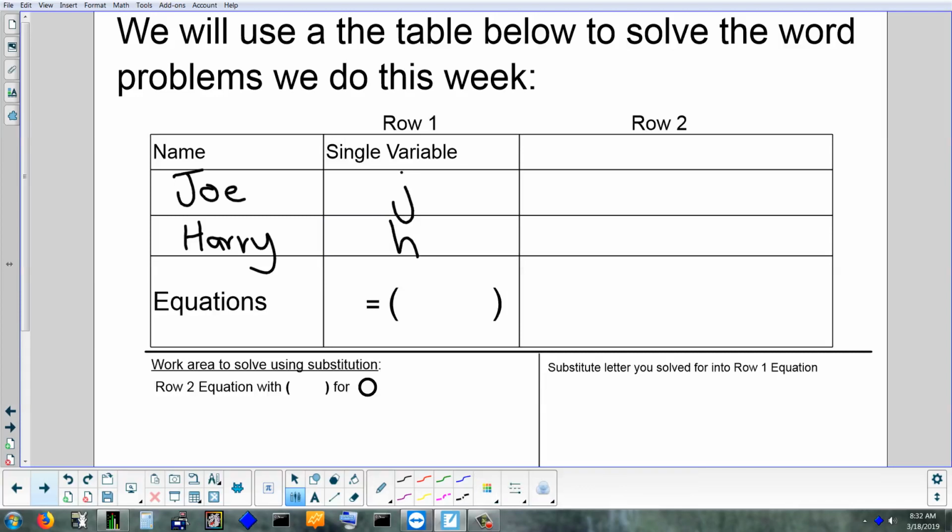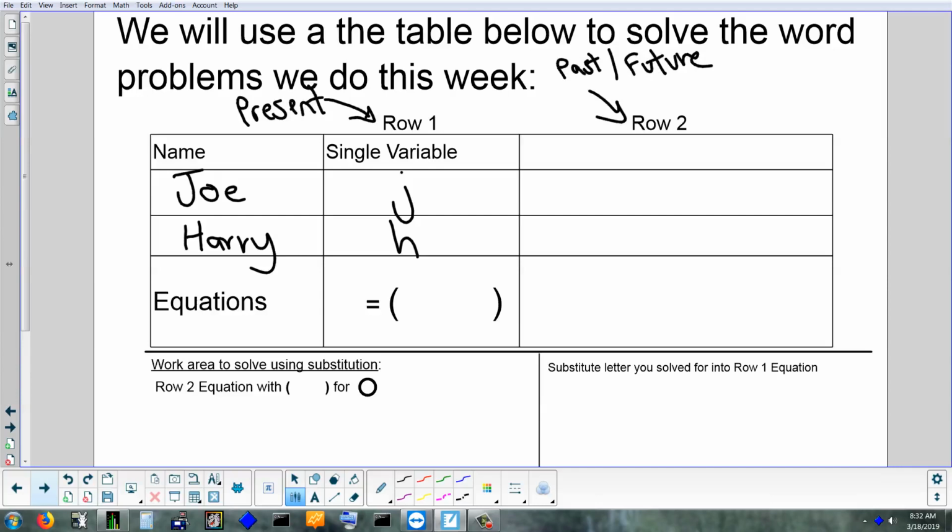Usually, the first sentence in the word problem you're given is going to be this first row, which is usually dealing with the present. This second row usually deals with the past or the future. It'll say something like years ago or in a number of years.